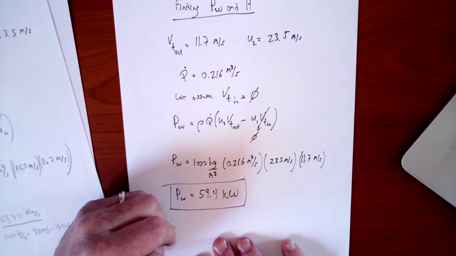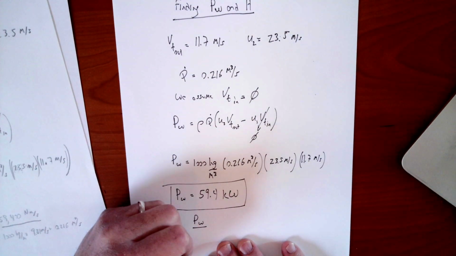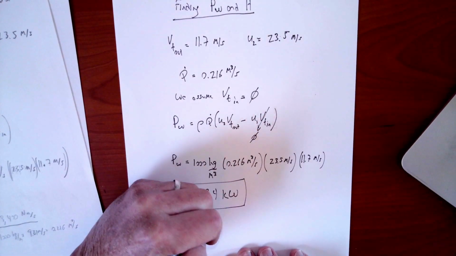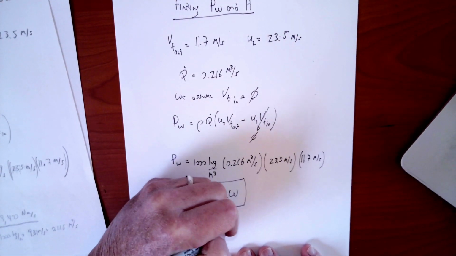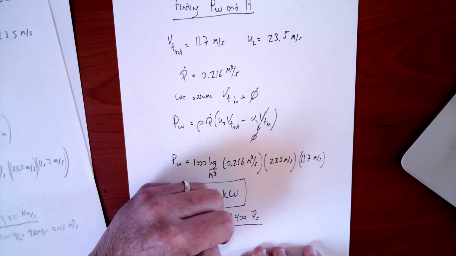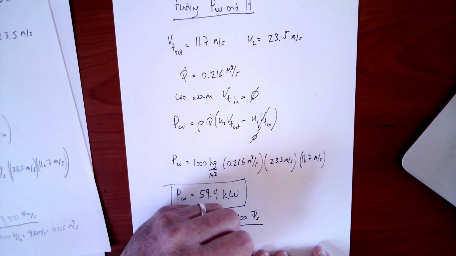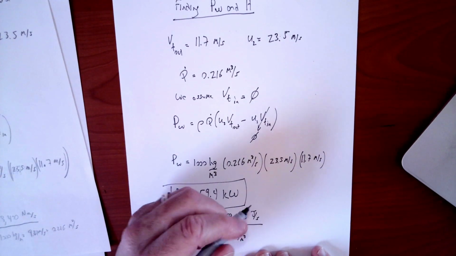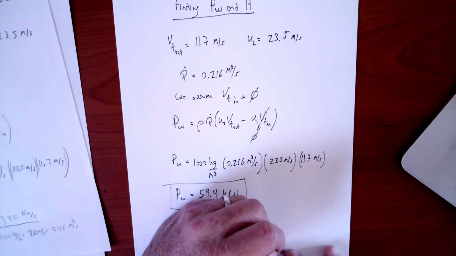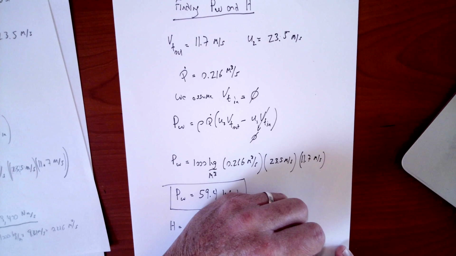We also can find the net head. We showed before the net head was the water horsepower divided by rho g Q dot. Well, now we have everything. So we go ahead and put in 59,400 joules per second divided by 1,000 kilograms per meter cubed, 9.81 meters per second squared for g, and 0.216 meters cubed per second.